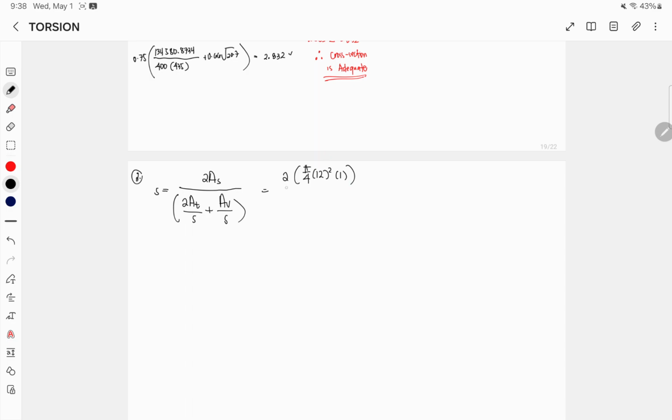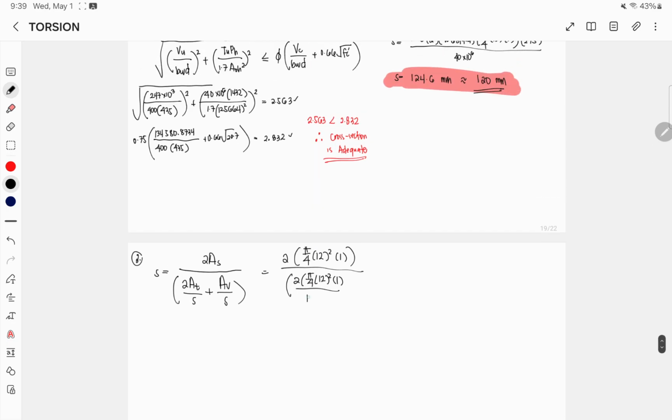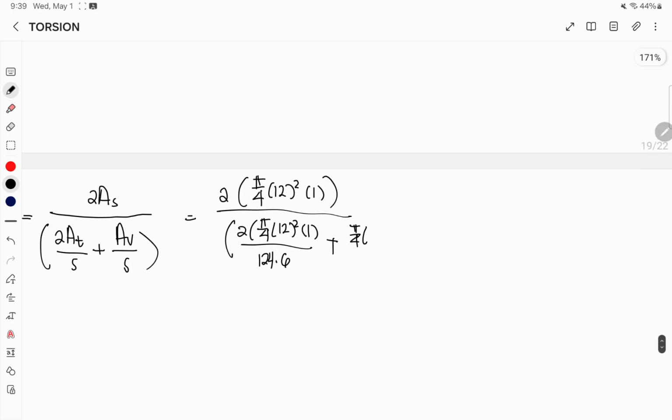So let's compute 2 times pi over 4, we have 12 squared times 1 all over 2 times 80 pi over 4 12 squared times 1 all over the S, wherein yung S natin is the computed S kanina na 124.6 plus AV na equivalent to pi over 4 12 squared times 2. Okay, wag kayong malito.